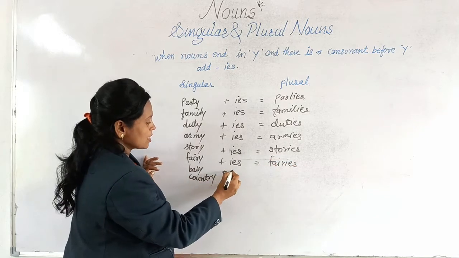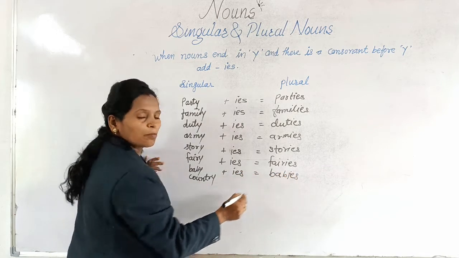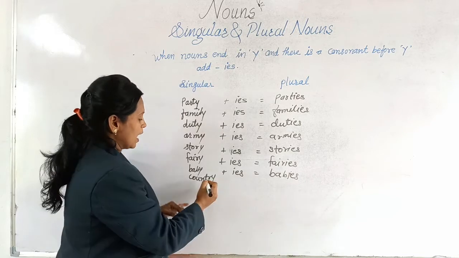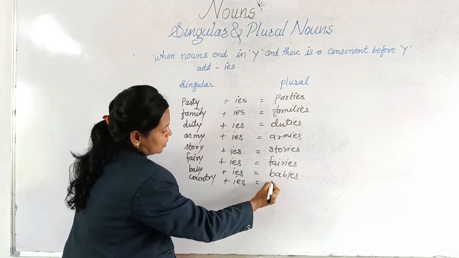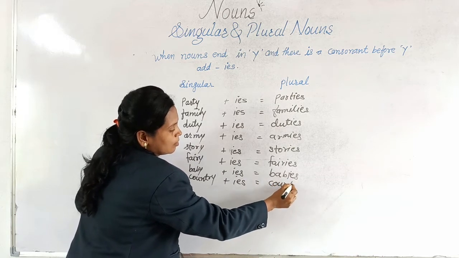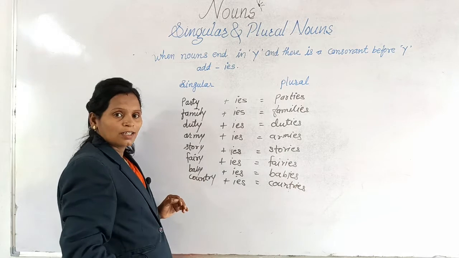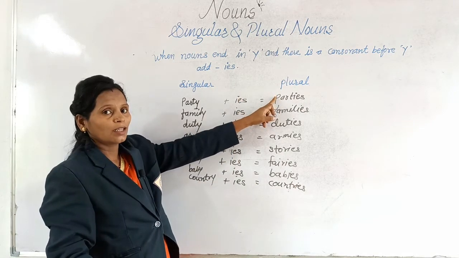Next, baby plus ies, babies. And then country plus ies, countries. Did you understand how to make the singular into plural?